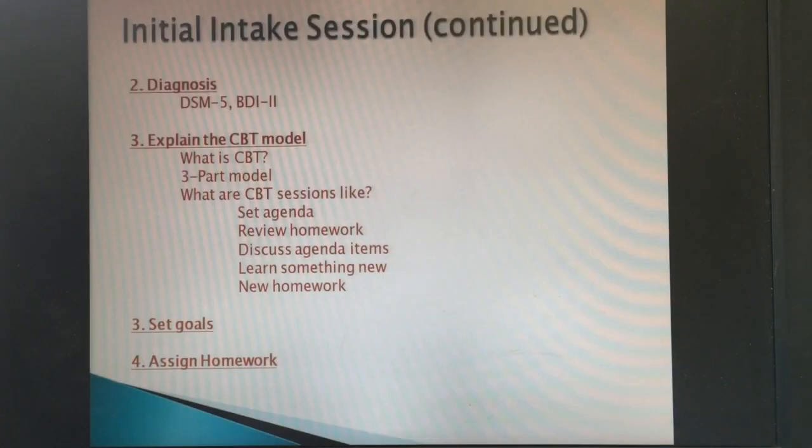You want to describe the 3-part model, the thoughts, the feelings, and the behaviors and how they're connected. You want to show them that diagram and talk to them about how this therapy is going to be focusing on changing their emotions by looking at their behaviors and their thoughts.